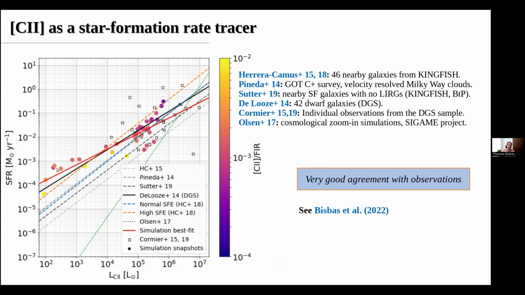And the colored dots correspond to our models that I already showed, the dwarf galaxy merging. And what we see is that we have a very good agreement with the star formation rates and C+ relation. And also we confirm again that C+ can be used as a star formation rate tracer in extragalactic observations.